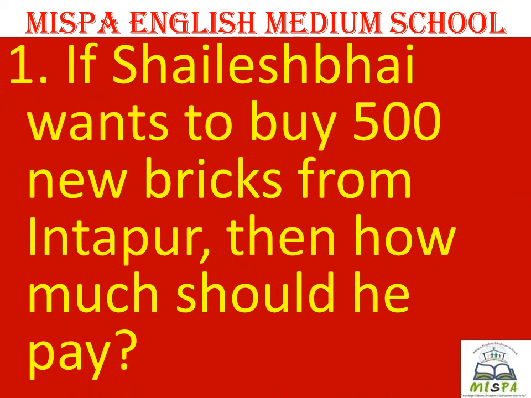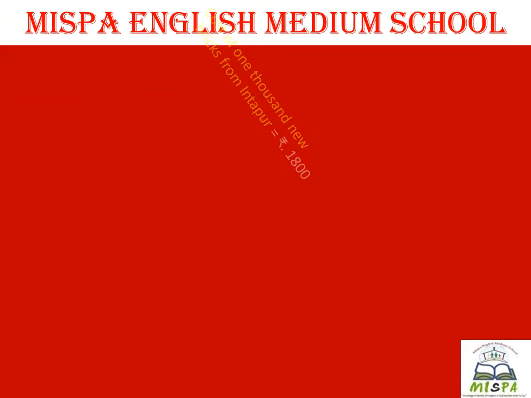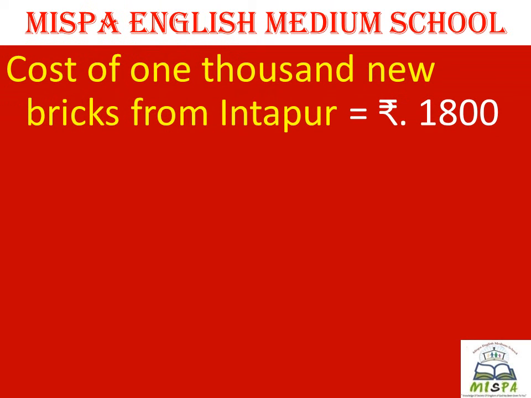Question number 1. If Shailesh Bhai wants to buy 500 new bricks from Indapur, then how much should he pay? Cost of 1000 new bricks from Indapur is equal to rupees 1800.